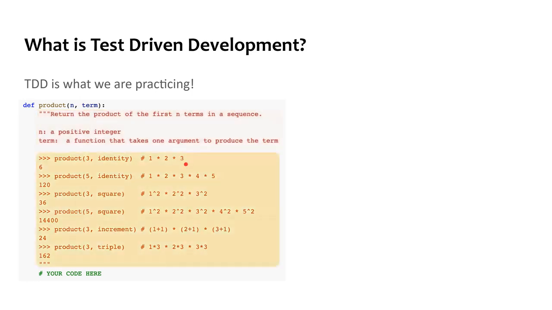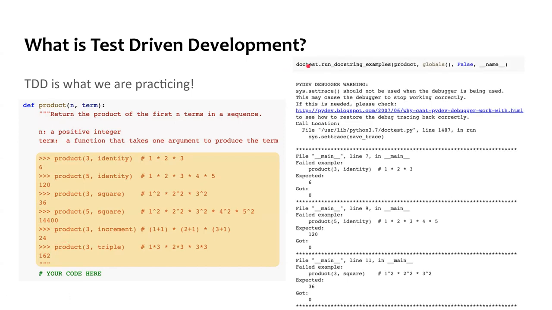And the next part is a set of examples of input and output. So this symbol means when you pass 3 and identity, then the output is going to be 6. Another example is when you pass 5 and identity, the output is going to be 120. All right. So these are some examples of input and output.